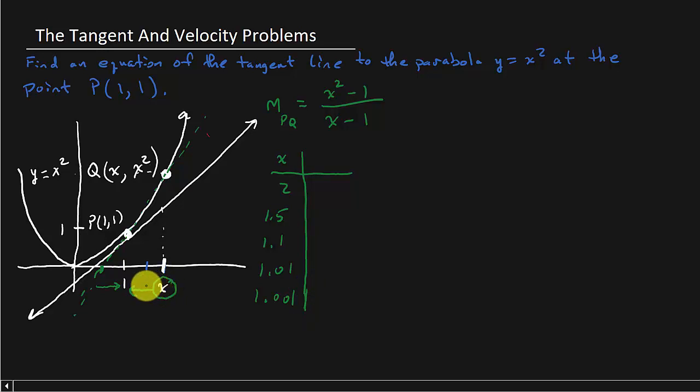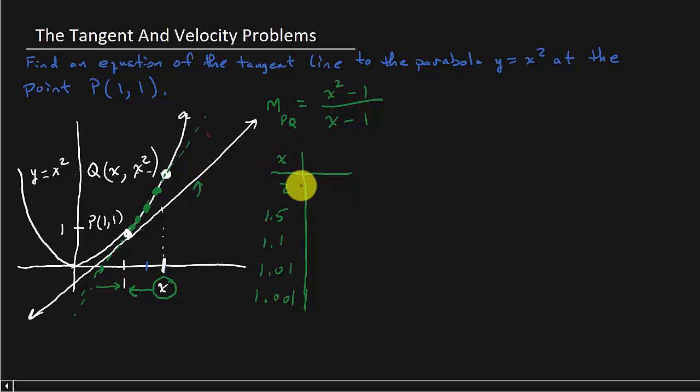Okay, so keep in mind as I'm choosing these x values that are getting closer and closer to 1 from the right-hand side, that's giving me points that are getting closer and closer to that point. And when I connect those points that are real close, the slope of that line is going to be real close to this one right here. All right.